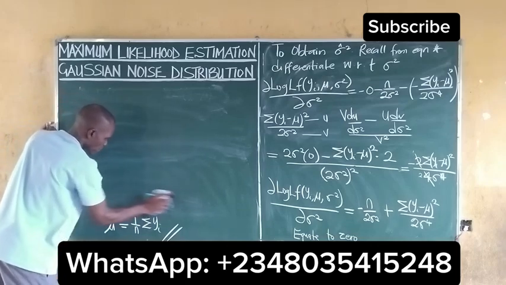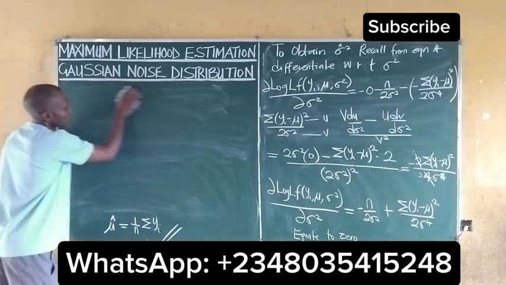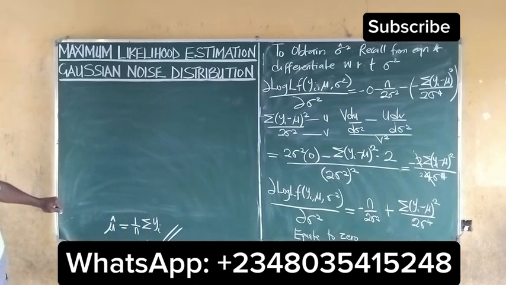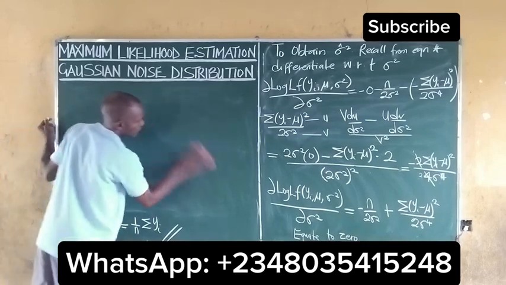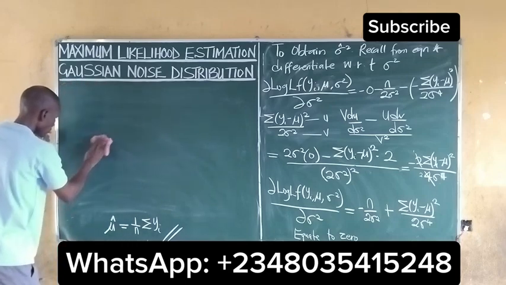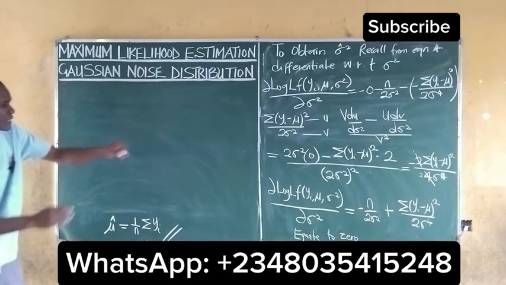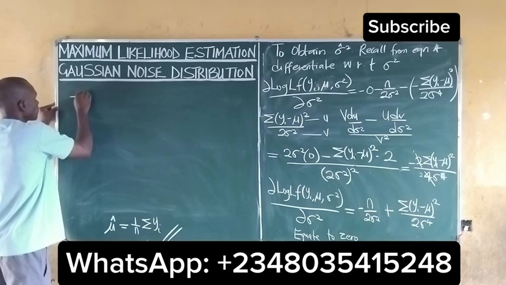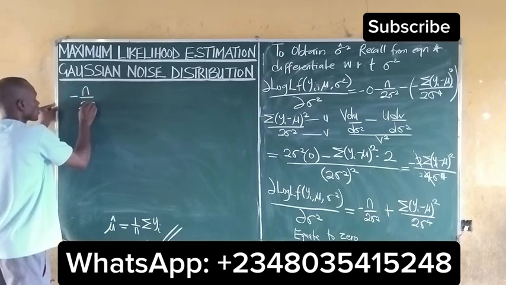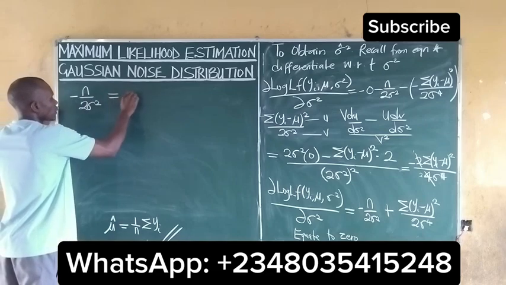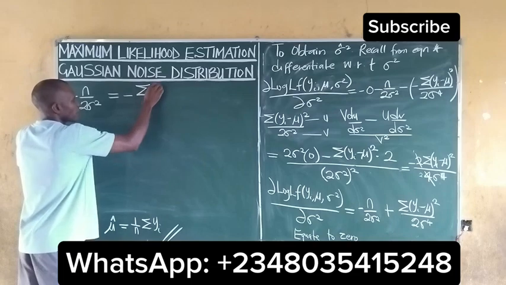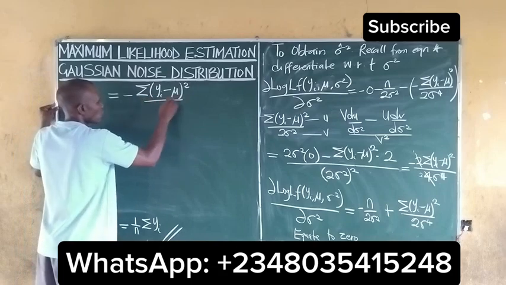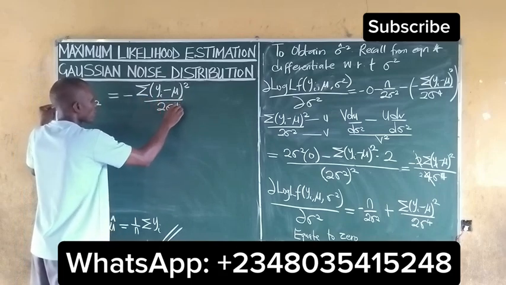We have our estimate for the mean to be this. We can leave it. So equating that to 0, we have negative n all over 2 sigma squared equal to negative summation yi minus mu raised to the power of 2 all over 2 sigma 4.